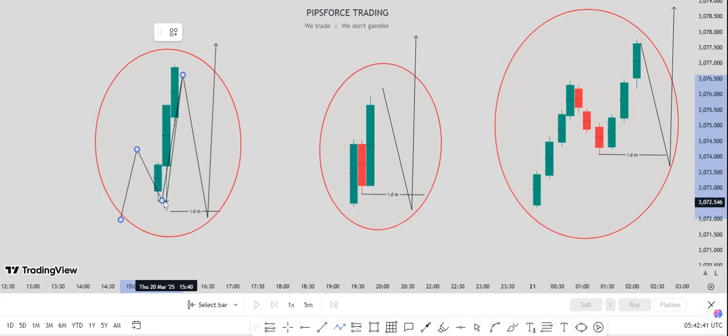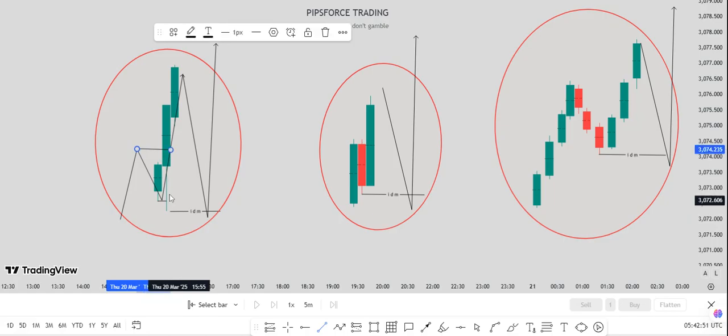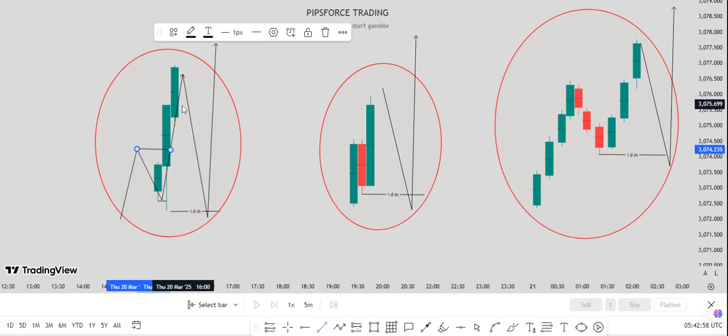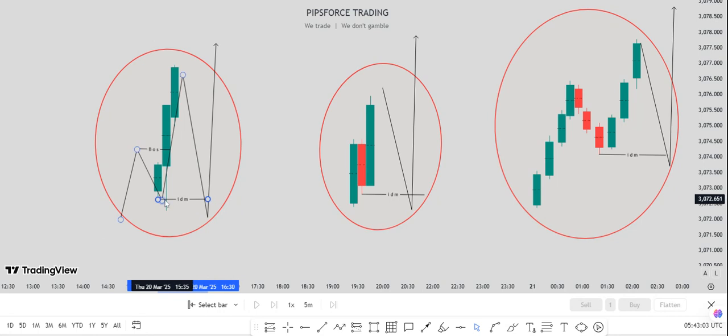This particular level that you are seeing here is the last pullback before we have this structure breaking to an upside. So before we get this break of structure, this was the last pullback, and that particular pullback here is the inducement. This one here is the inducement leg.